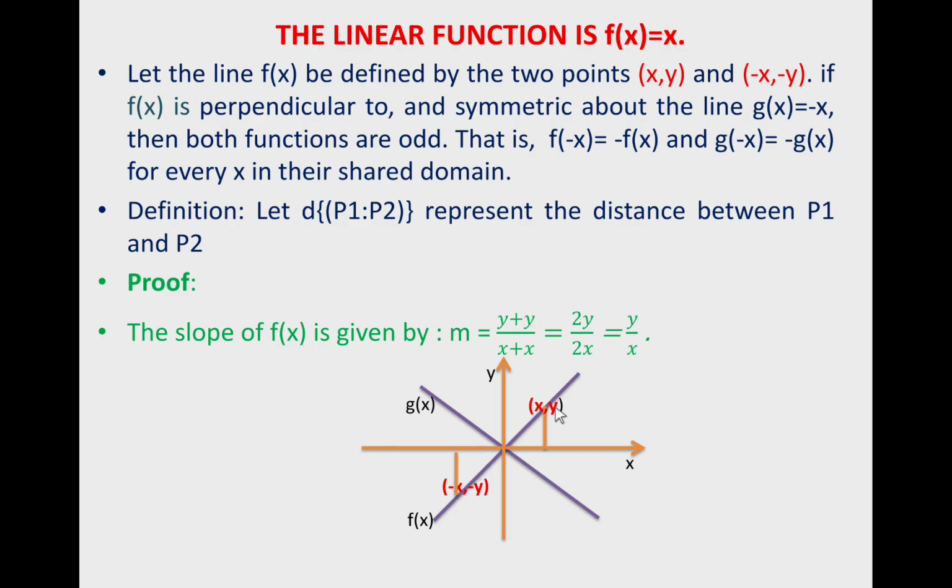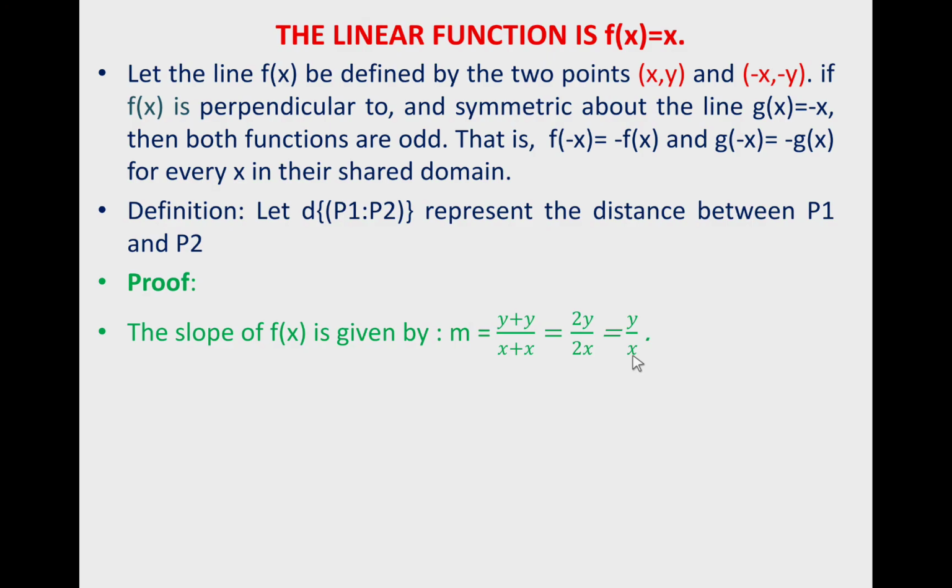The difference between the y coordinates is y minus negative y, which will be equal to y plus y, divided by x minus negative x, which will give us x plus x. So m, the slope, will be equal to y plus y, which is equal to 2y, divided by x plus x, which is equal to 2x, and that could be represented by y divided by x.